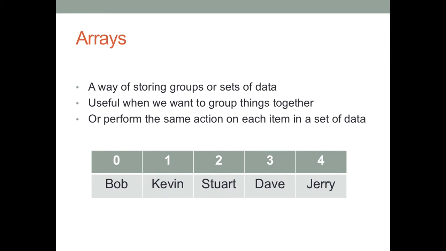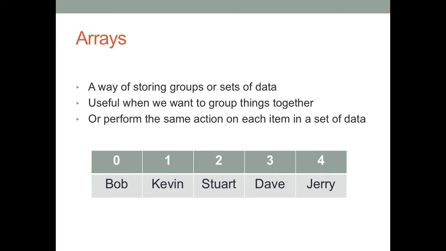So arrays are collections of data which are normally organised in a way that's represented in this diagram. Each item of data has a number called an index, which you can use to refer to it.